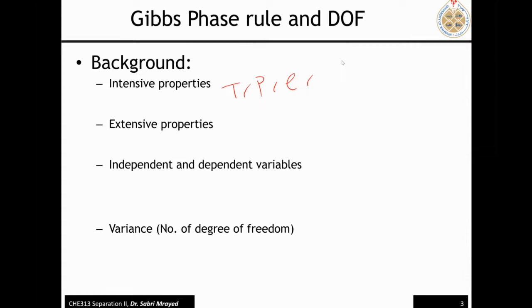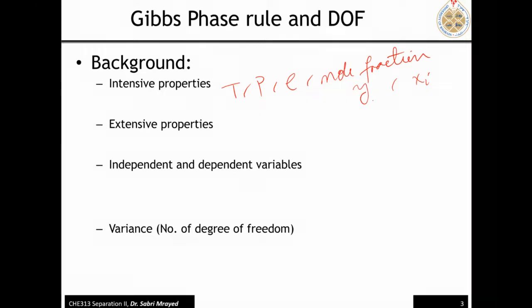Especially in distillation, we usually deal with mole fraction. If we are talking about the mole fraction of a vapor mixture, we usually use Y. And if we represent the mole fraction in the liquid phase, we usually use X. This is the convention in this course.